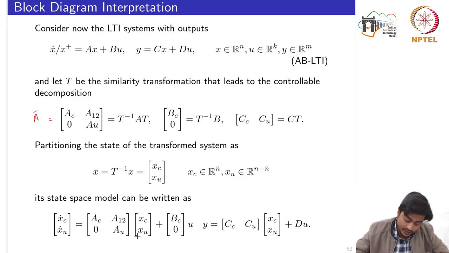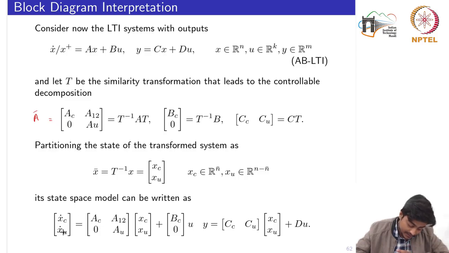x dot u is equal to A u x u. Now suppose we have some non-zero element here, say for example if we have a B matrix with the zero element here, now if this element is also non-zero, it does not imply that x u would be uncontrollable.